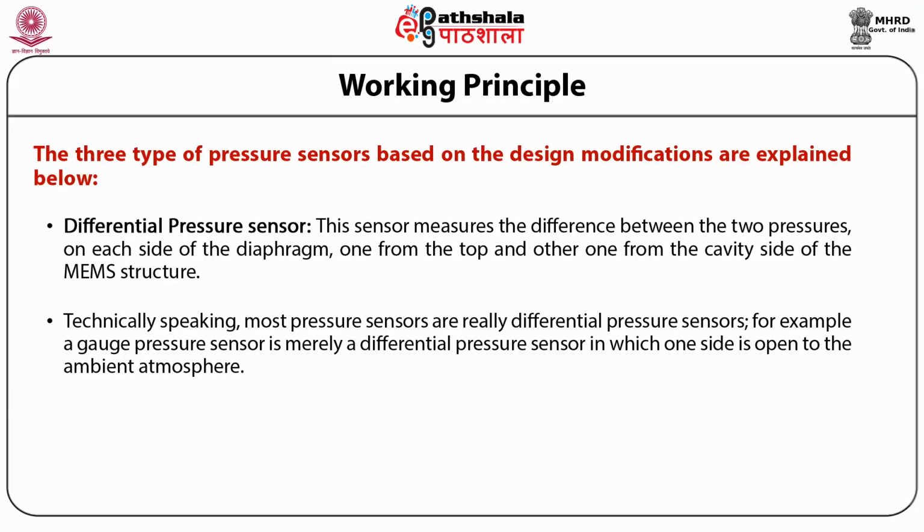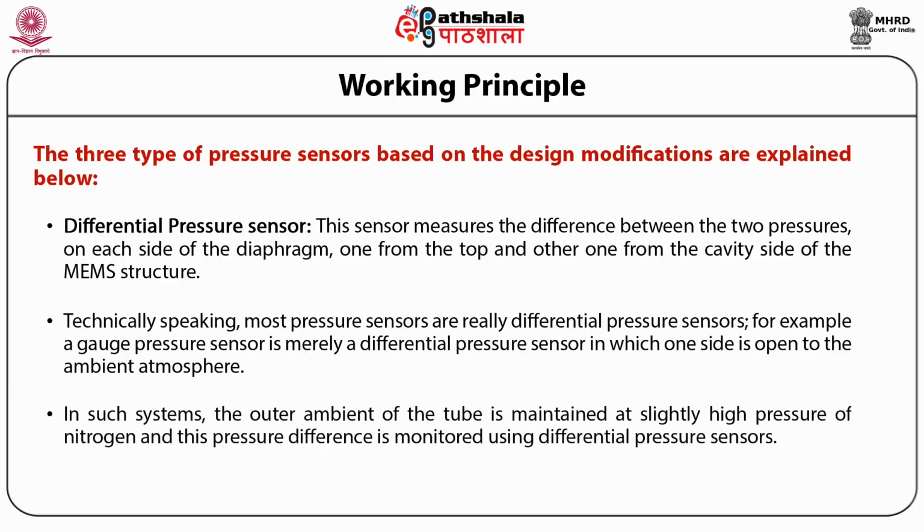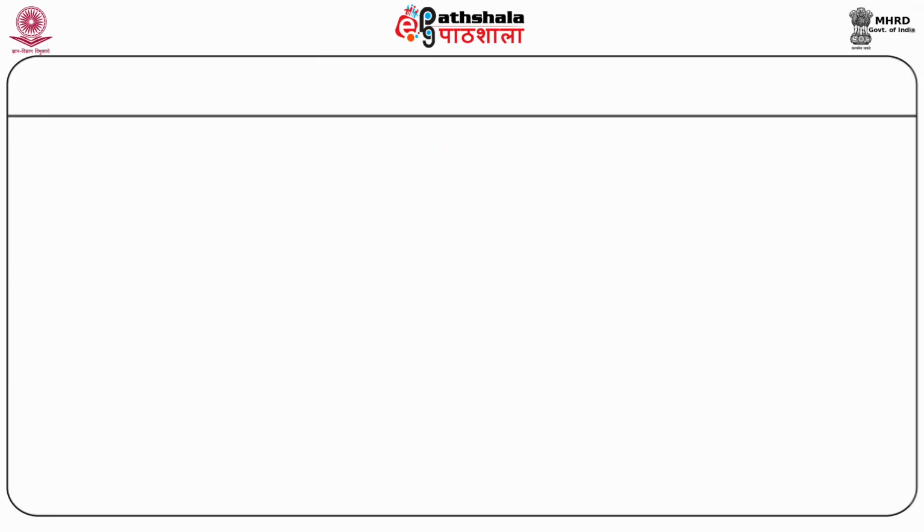1 to 10 atmospheres inside the quartz tube during the oxidation of silicon. In such systems, the other side of the tube is maintained at a slightly higher pressure of nitrogen, and this pressure difference is monitored using differential pressure sensors.